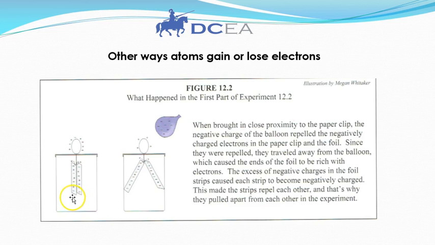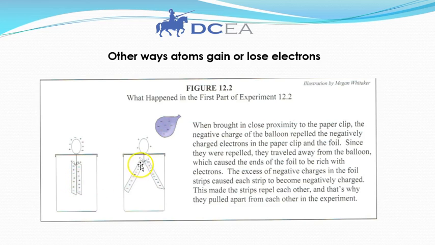Since the charges were repelled, they traveled away from the balloon, which caused the ends of the foil to be rich with electrons. The excess of negative charges in the foil strips caused each strip to become negatively charged, and that made the strips repel each other because now they were both negatively charged instead of being balanced.